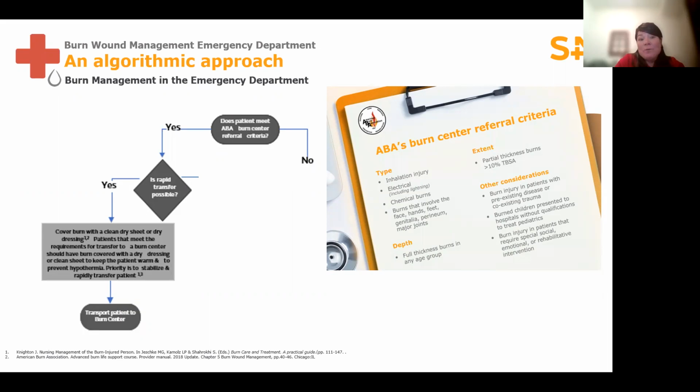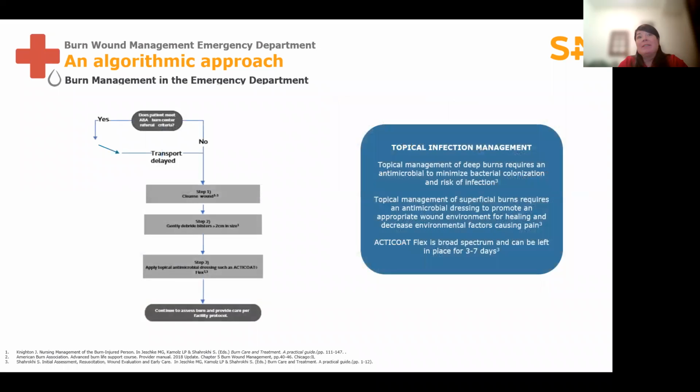That wound management piece really comes into play when the patient themselves meets the burn center referral criteria, and the transport will be delayed, or they're going to actually be treated within your local emergency department, hospital, or community. And that is where you will take some of the steps that you see on the screen here.